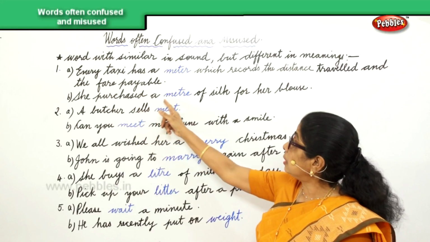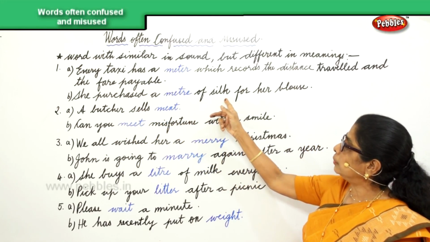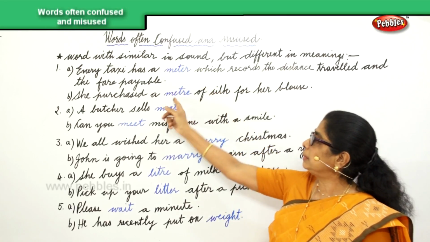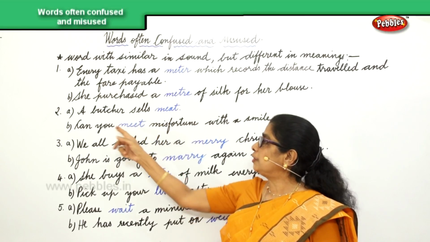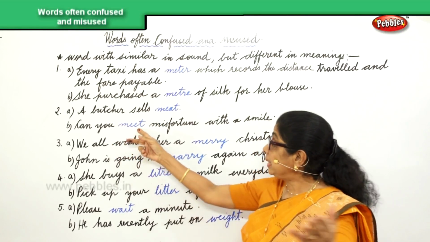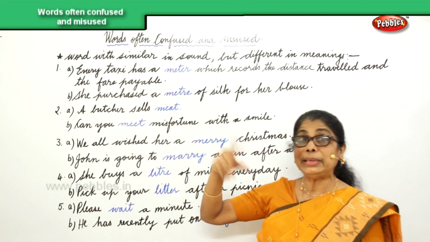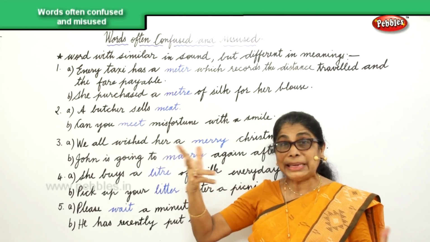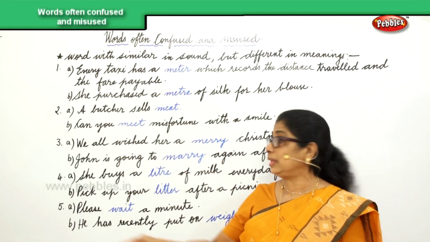She purchased a meter of silk for her blouse. A butcher sells meat. Can you meet misfortune with a smile? Can you meet me at 5 o'clock? Next we have merry and marry.